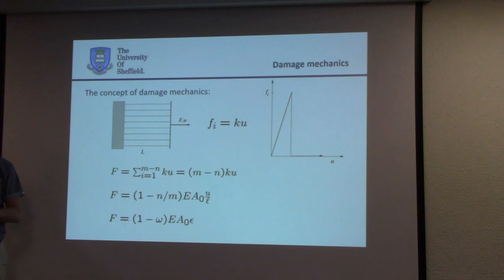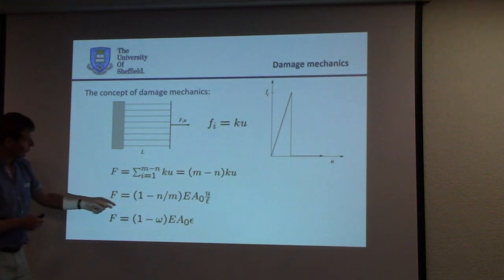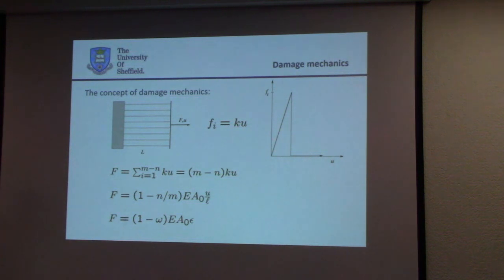We can translate that into a continuum model, and we then say, okay, we here have our spring stiffness, we replace that by E times the cross dimension, and here we replace m minus n by 1 minus the ratio of n over m, divided by the length.